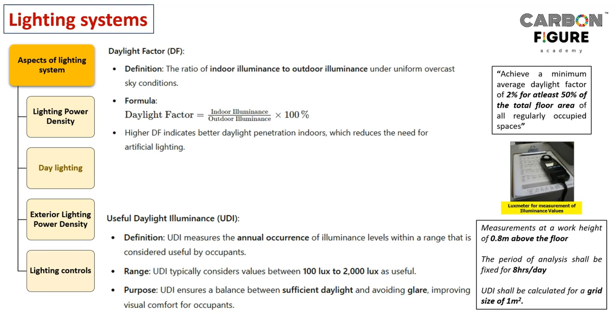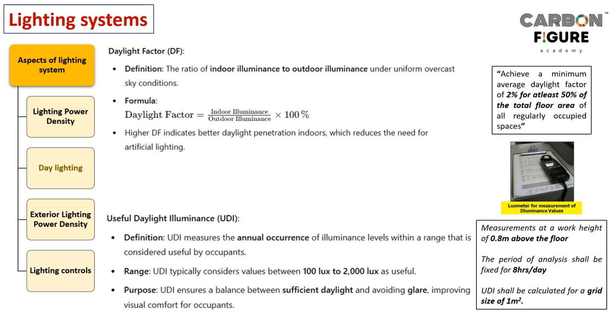Grid size means, if you have a 20 square feet area in a room, for example, that area has to be split into different grids of 1 meter square each. So for each block of 1 meter square area, what is the UDI value?